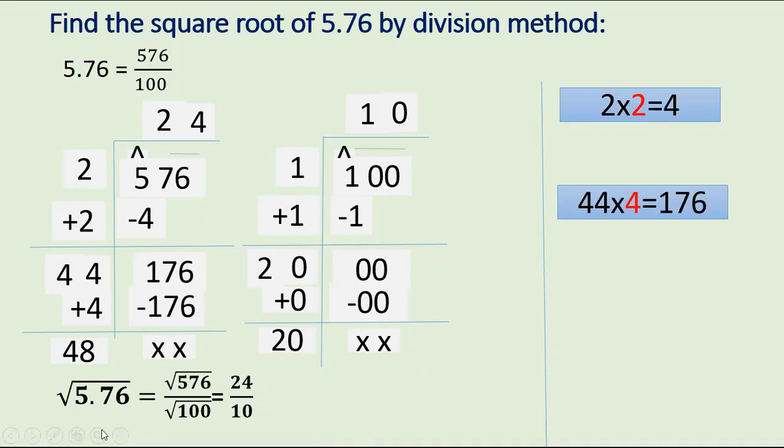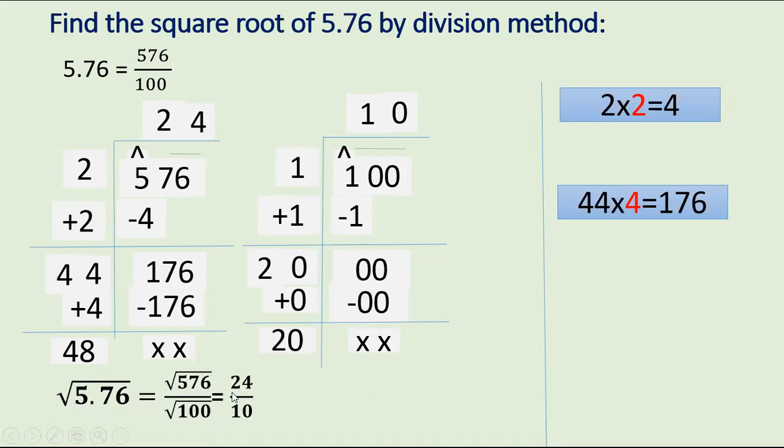Now students, here you can mention the answer in this way. First you have to copy the question, that is 5.76. Then 5.76 is converted into a fraction like 576 upon 100 within the square root.